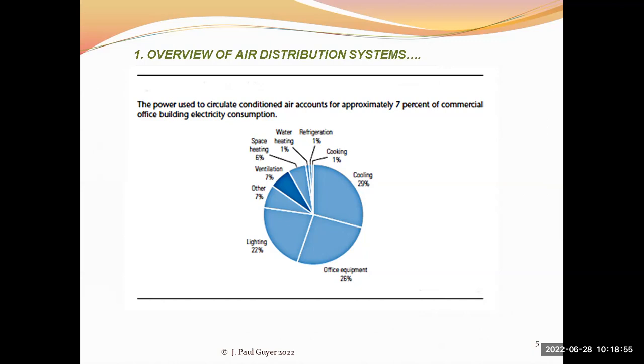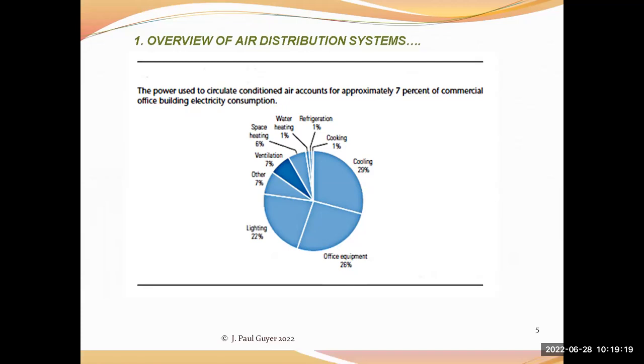And space heating is also a consumer of power, not as big a consumer as cooling, though, in typical buildings. But the ventilation consumes about 7% of the electricity in typical buildings, office buildings.